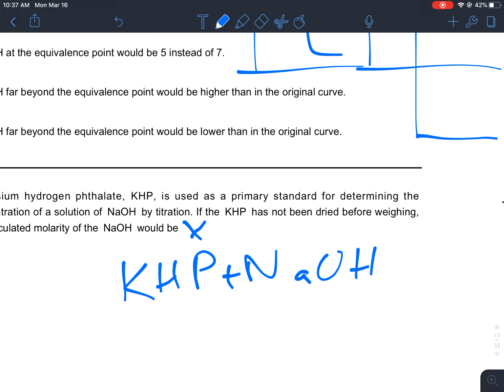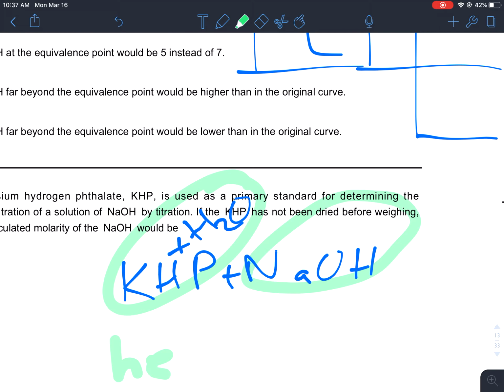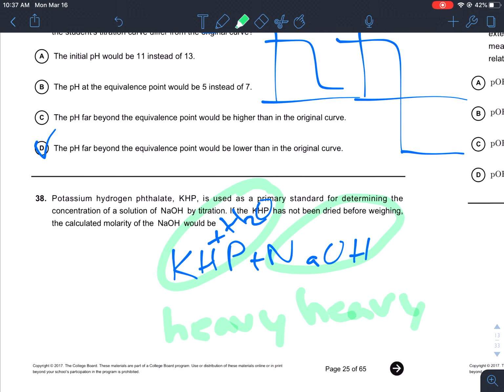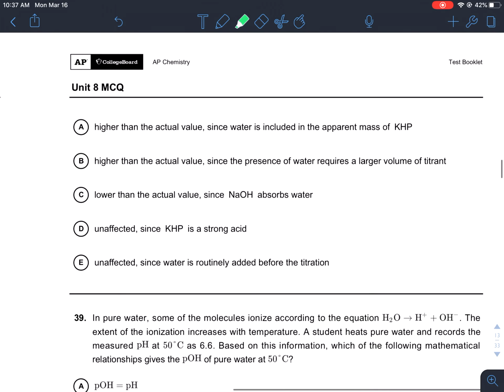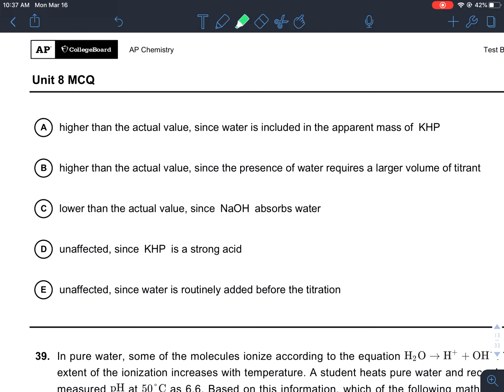If you didn't dry this out, you have the weight of the water here too, right? So this is making this thing heavier. So then we would assume we would need more of this. If this was heavier by mistake, because there was actually water that we were adding to it, then your answer is A. The higher the actual value, since the water included is in the apparent mass of KHP. That is correct.